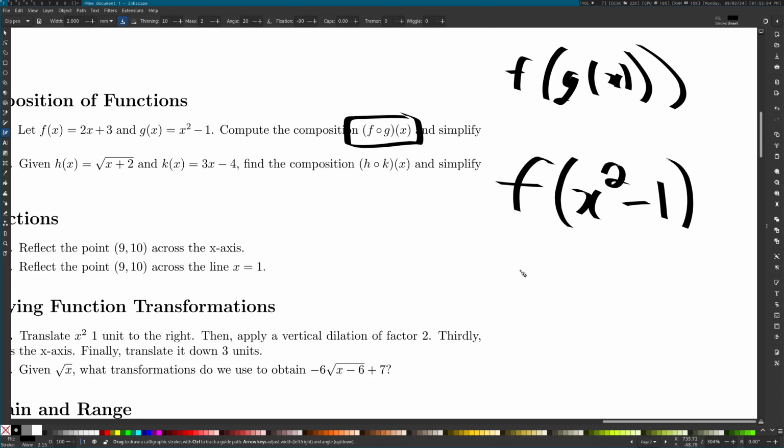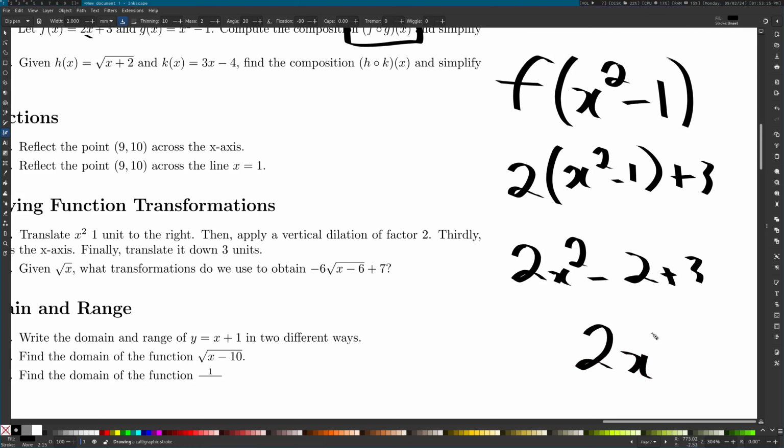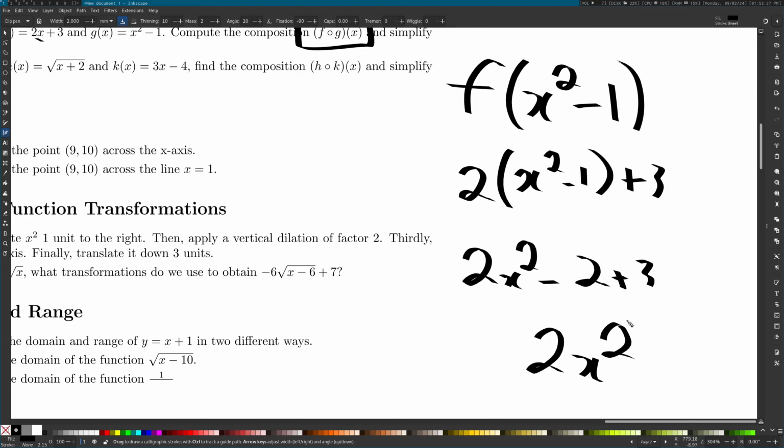So 2 times x squared minus 1 plus 3. This is 2x squared minus 2 plus 3, which is just 2x squared plus 1. Okay, so that's the composition.